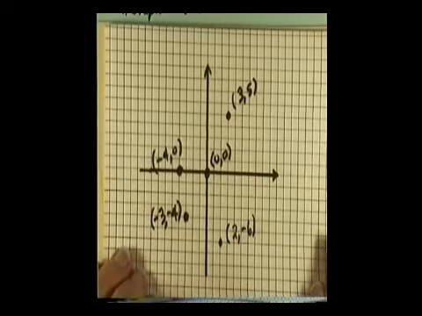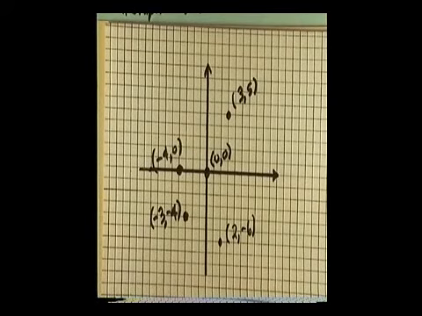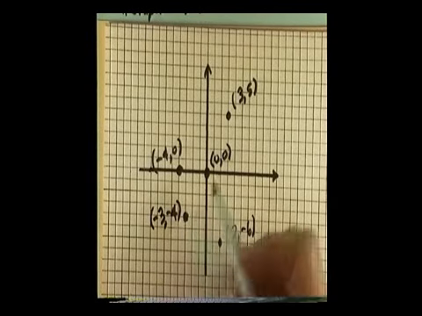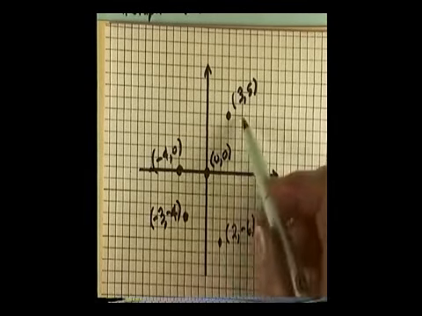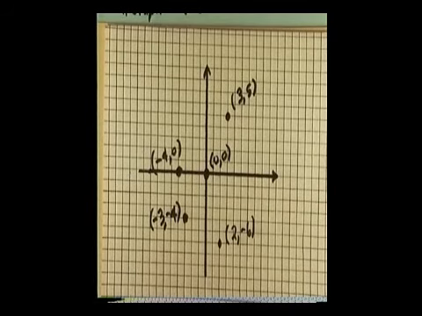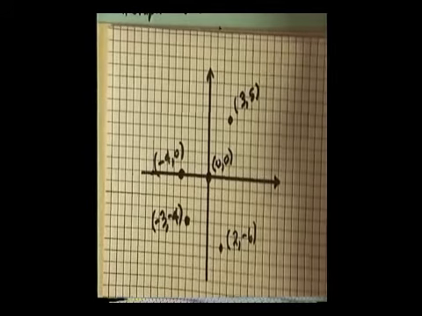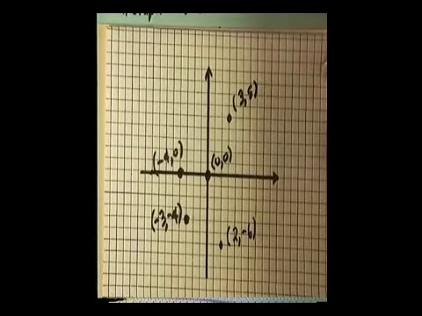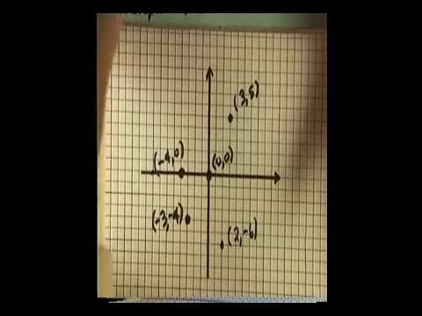So here our 5 points are negative 4, 0, negative 3, negative 4, 0, 0, 2, negative 6, and 3, 5. If someone has already put the points on the graph, we should be able to figure out their coordinates. So let's practice on that.